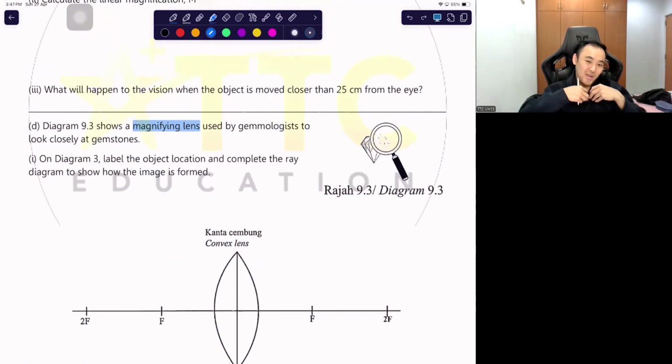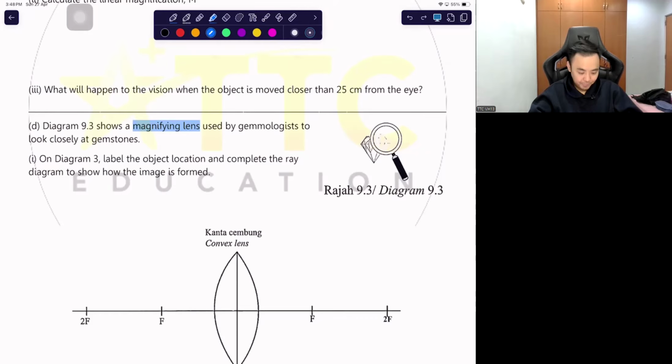Think about it: you know why it is called a magnifying glass. If that is the case, what kind of image do you want for a magnifying glass?